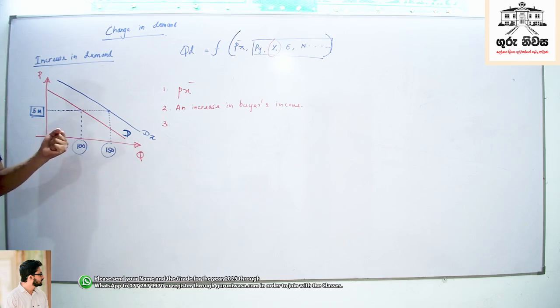Let's say the consumers expect the car price will fall in the future. The car price is expected to fall in the future. Tell me, Kalana, do consumers buy more or less today? Fewer cars or more cars today, if they think the price of cars will decrease in the future?